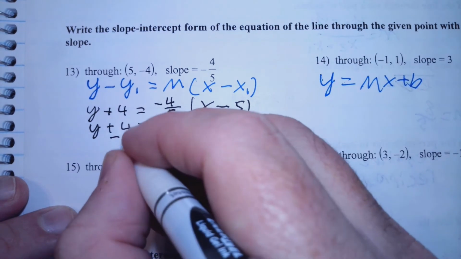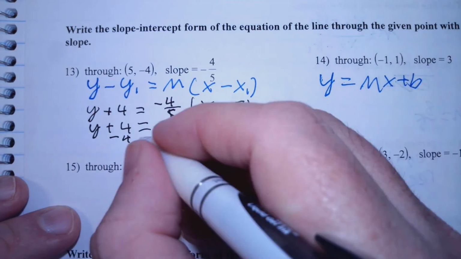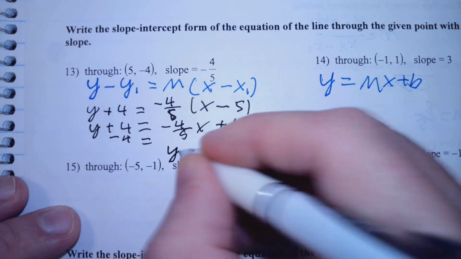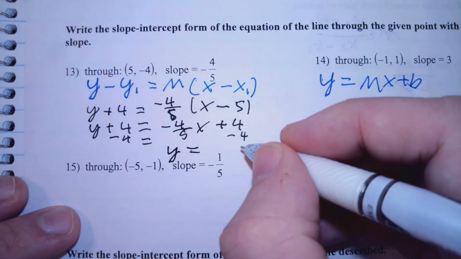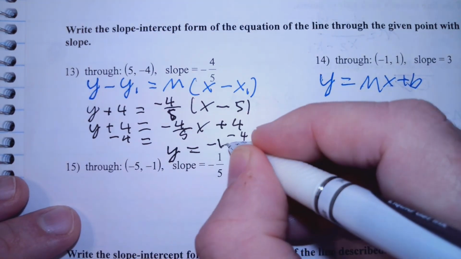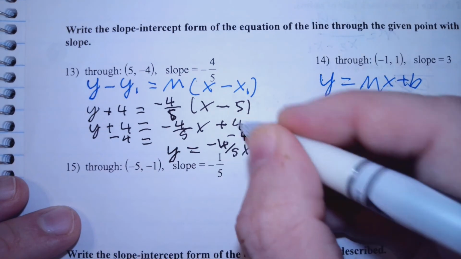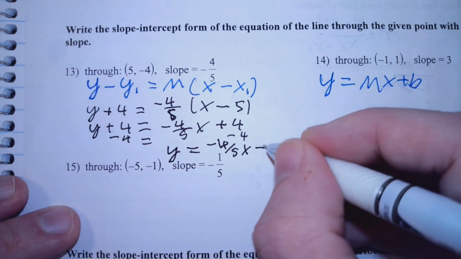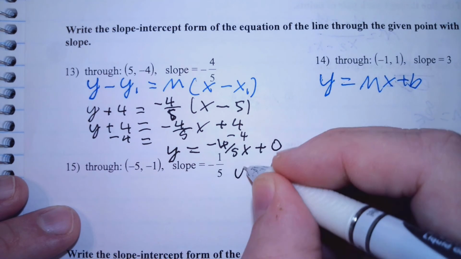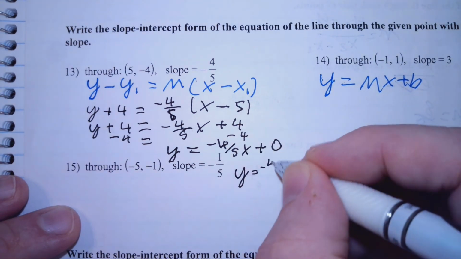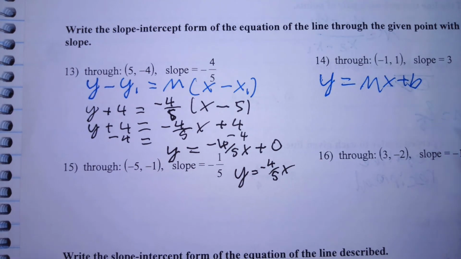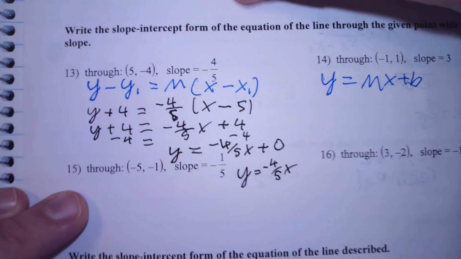And then I'm going to subtract 4, and I'm going to get my final answer here, which is going to be y equals negative 4/5 x. And 4 minus 4 is 0, and so I don't have to put the plus 0, but I can. So it could be that answer, or it could be this answer. Okay. Both will work.